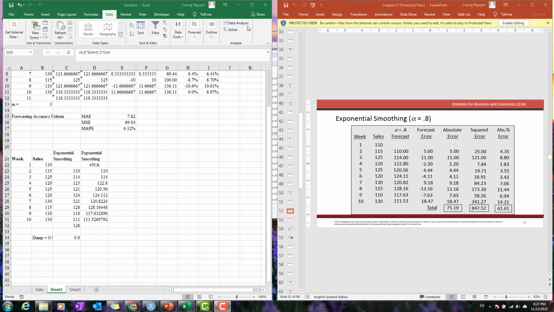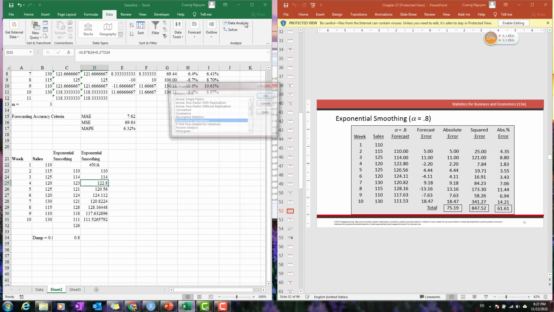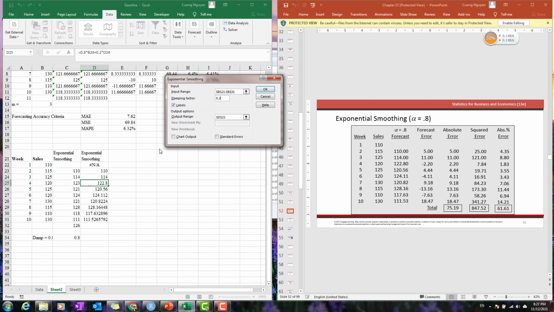Okay guys, sorry about my mistake, but I think with exponential smoothing and damping factors, when the people get the exponential smoothing alpha equal 0.8, that means the damping factor instead of 0.8 you have to put 0.2.